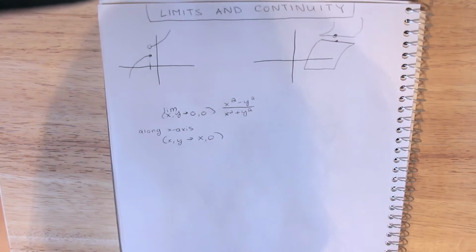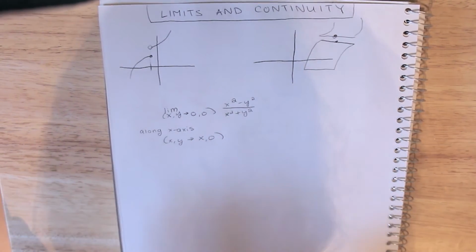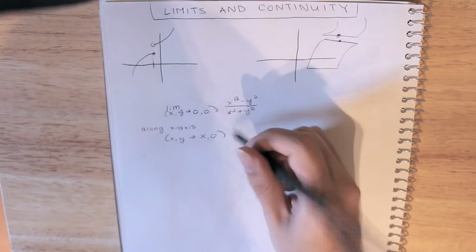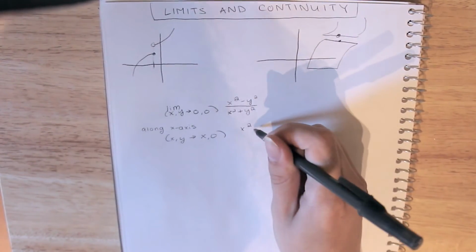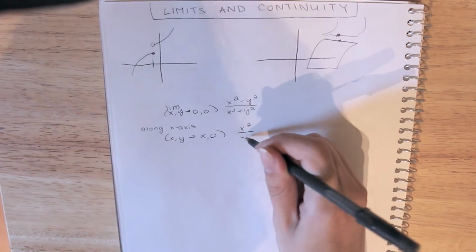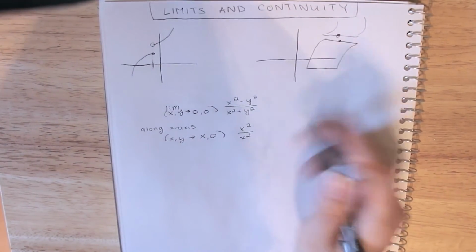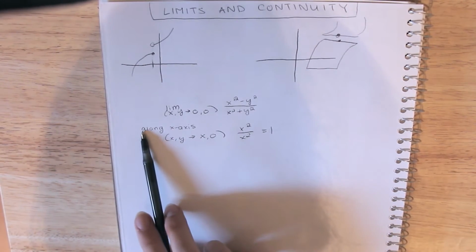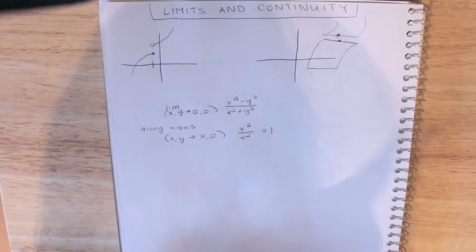We're approaching 0 along the x-axis, so y is going to approach 0, x is just going to keep changing. So it's going to be x squared minus 0 squared over x squared plus 0 squared. So it's just x squared over x squared equals 1. So the limit along the x-axis, as we approach 0, 0 along the x-axis, is going to be 1.